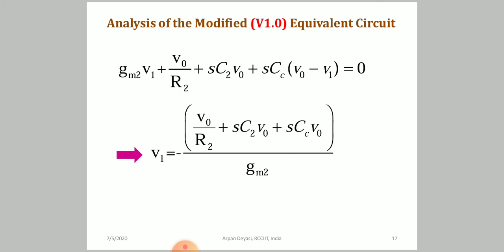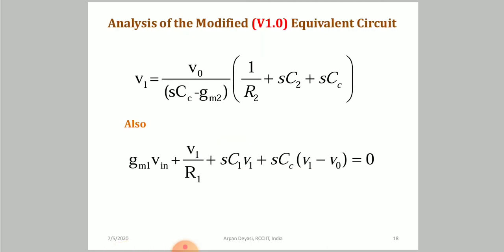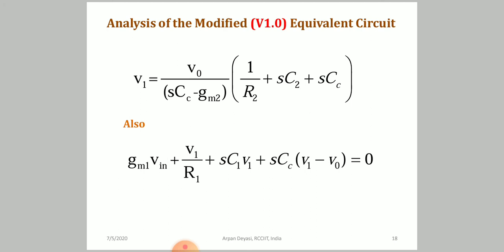That's the effective voltage drop from the output side. So V1 will be minus 1 by Gm2 into (V0 by R2 plus SC2 V0 plus SCC V0). So V1 as a function of V0, the bracketed term is an effective impedance term, but look at the denominator of V0. It is SCC minus Gm2.